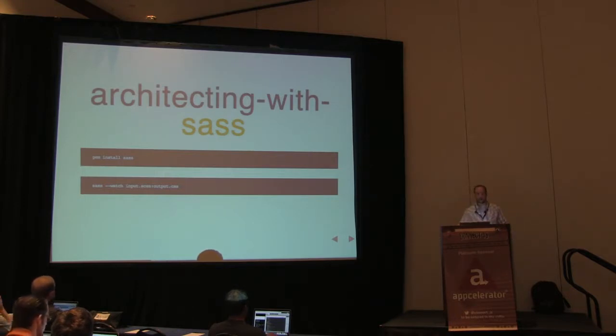Before we go into that, just for anyone that hasn't used Sass yet, just how to get it up and running. To set it up on your machine, Sass is a Ruby gem, so you will just run gem install sass on your command line, and then you need to compile your Sass. So you're writing Sass code that you need to be compiled into CSS code.